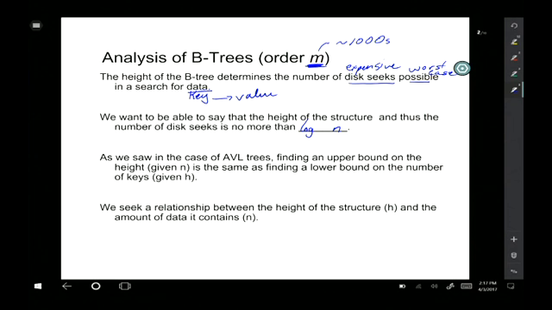I assert we could go home today if this is really all that we need to show. Why? How could we go home today if this is really all that we need to prove? That's right. If this is all we're after, look at how tall AVL trees are. Log n, right? No worse than 2 log n.